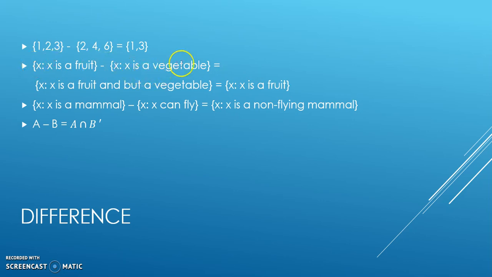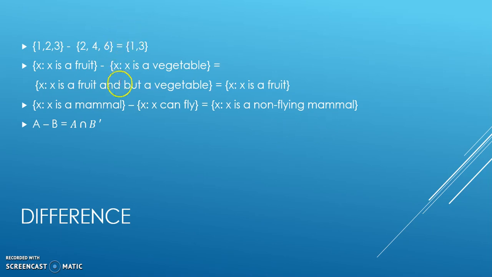And if we remove all the vegetables from all the fruits, well, it doesn't make any difference. No fruits are vegetables. Now, here's one way to say it in English. If we start with the set of mammals and we remove from that the set of things that can fly, we have the non-flying mammals.